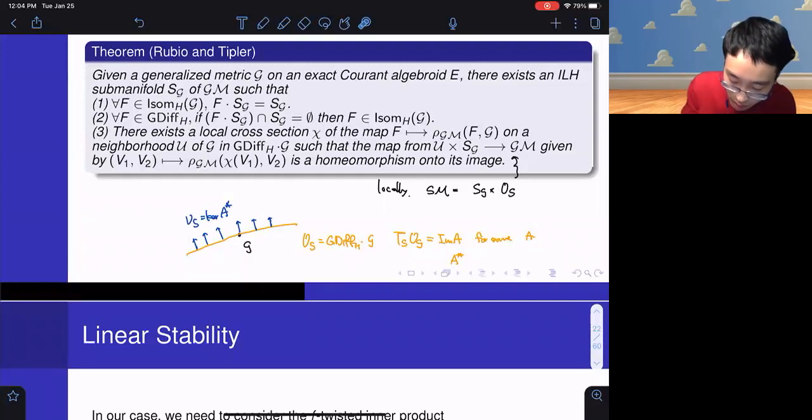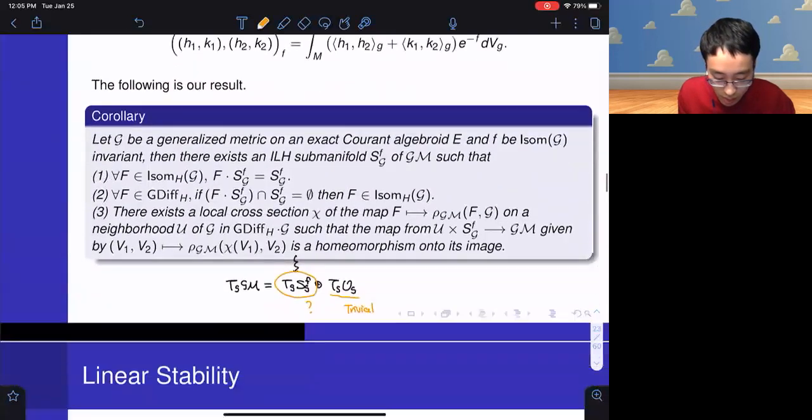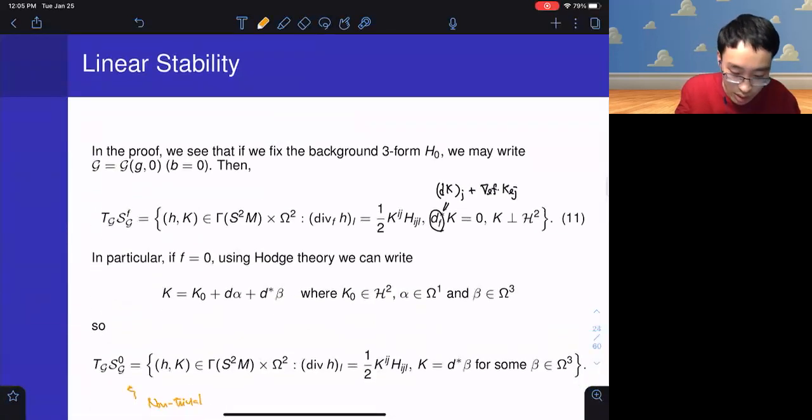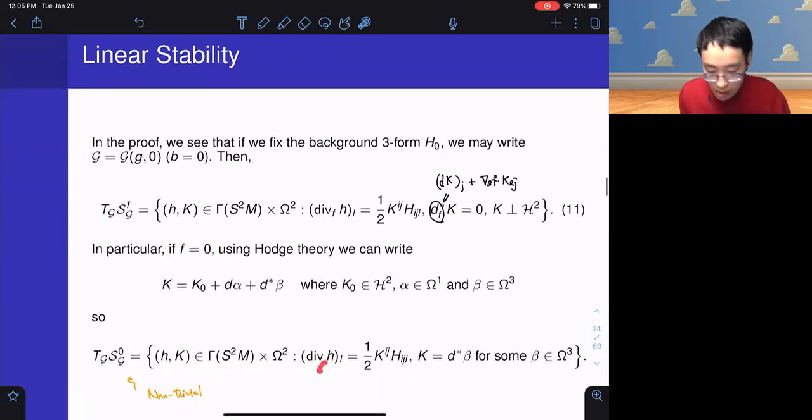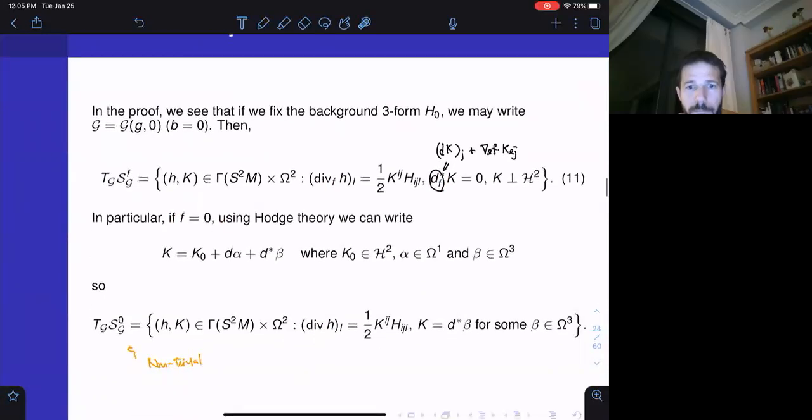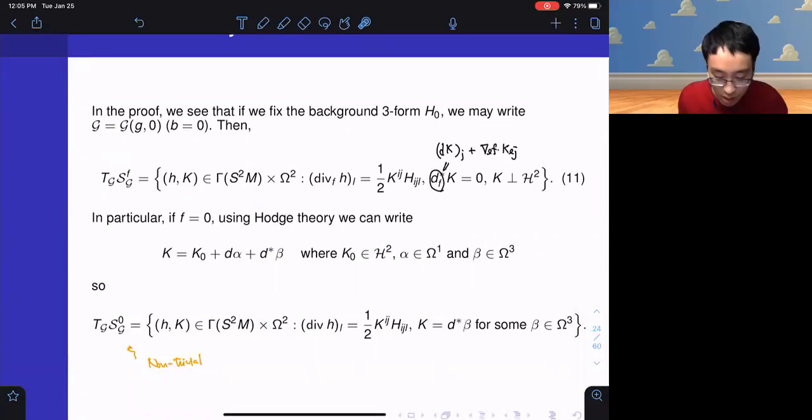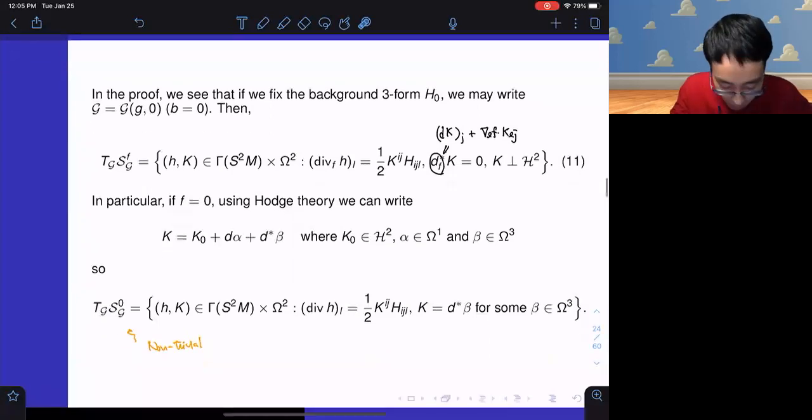But in our case, our formal adjoint will depend on F. So you can see that our tangent space will depend on F here and here. But if I force F to be 0, then you don't need to consider F. Maybe this is the reason why we consider the general Einstein manifold case here.